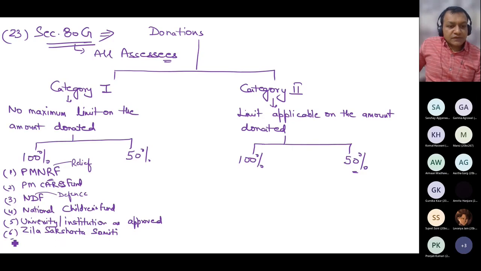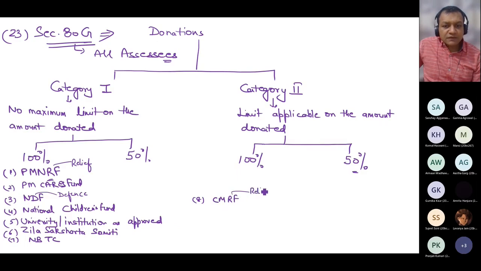NBTC, National Blood Transfusion Council. Eighth point, Chief Minister Relief Fund, CMRF, R means relief. Swachh Bharat Kosh. Clean Ganga Fund.